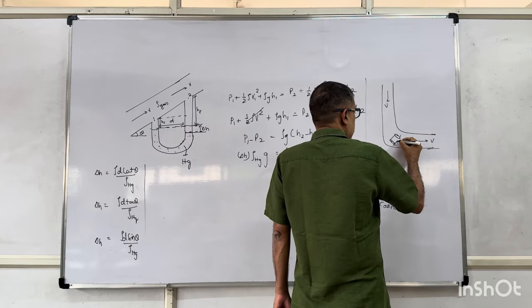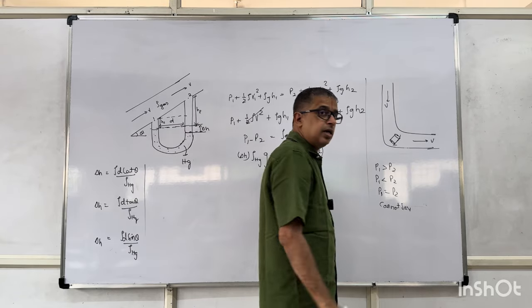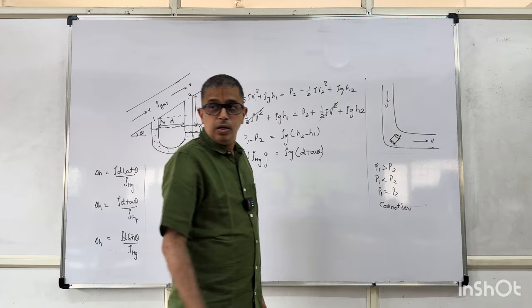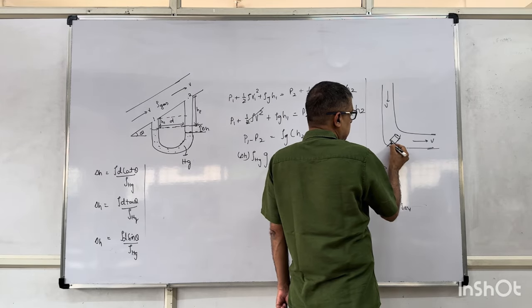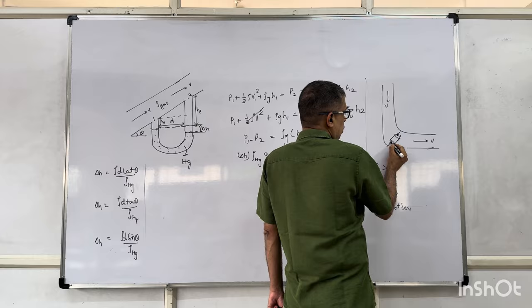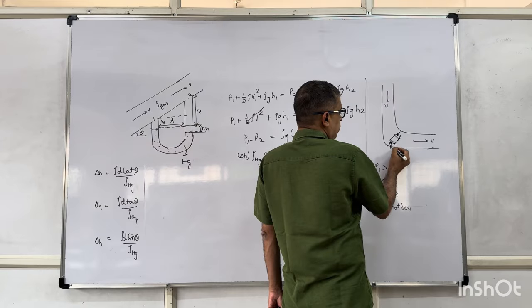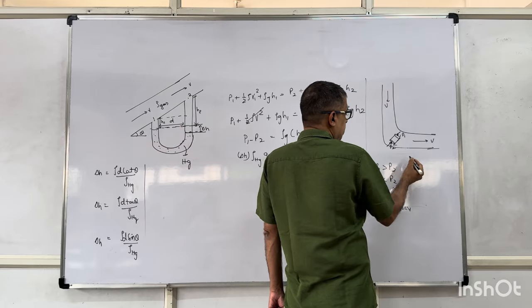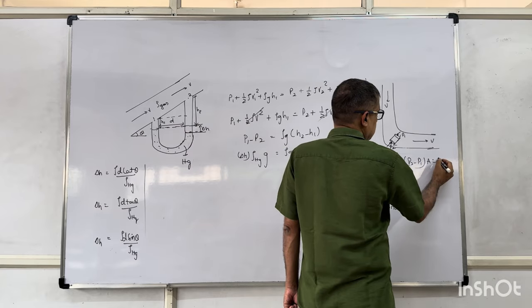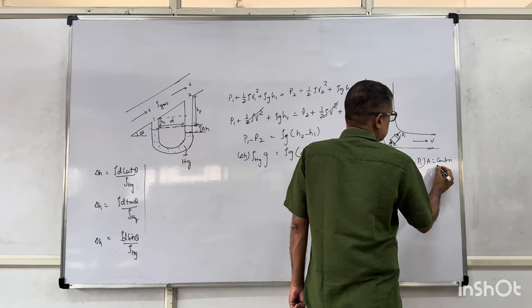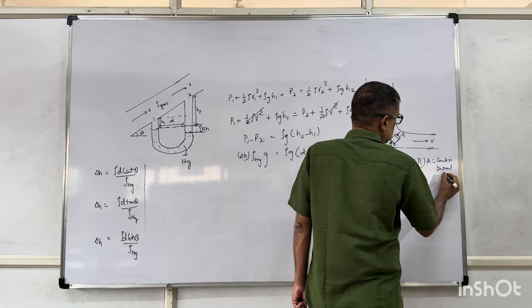No. Consider a small cylindrical element like this. The cylindrical element of the liquid is taking a turn. So here the pressure P2 should be greater than P1 to provide P2 minus P1 into area of cross section provides the required centripetal force.